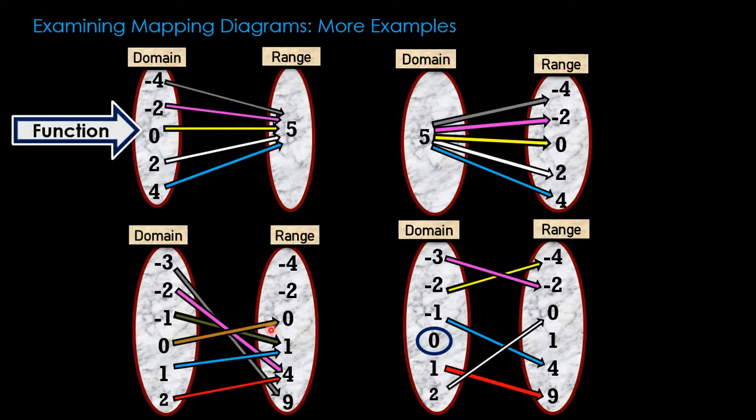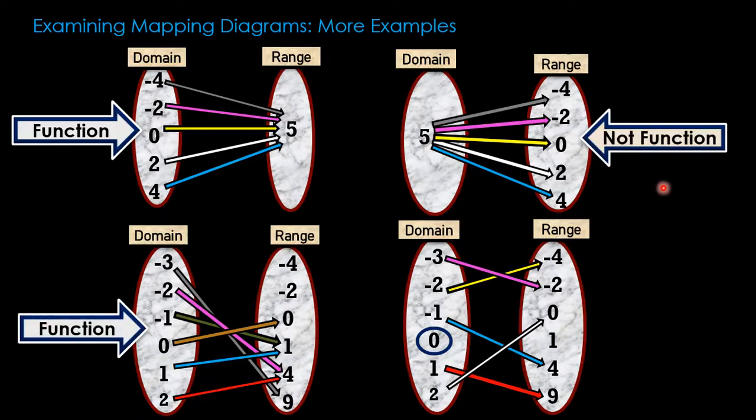This is a function because each one of the inputs is paired with a single output. But here the input has more than one output, that's why it is not a function. Whereas this is a function because although some outputs are paired with more than one input, we can still say each input has a single output, that's why it is also a function.